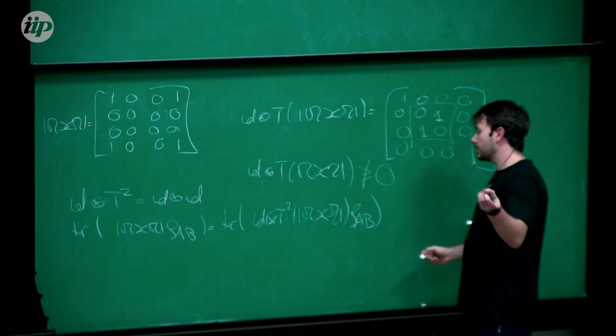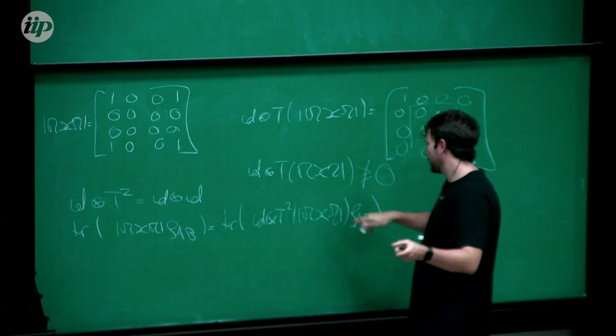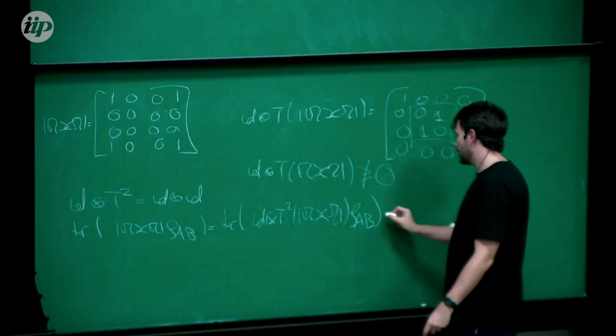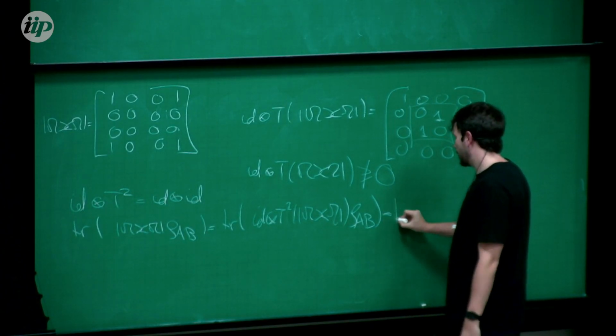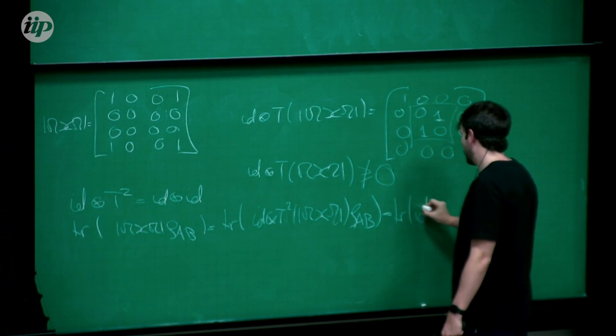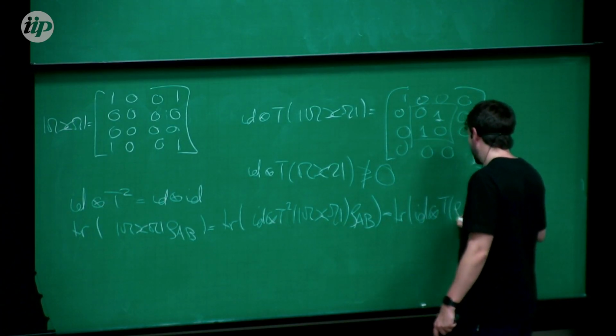And going back to the question we had before, I can look at the adjoint. It's, again, the partial transpose. So this is going to be the same as trace identity partial transpose.